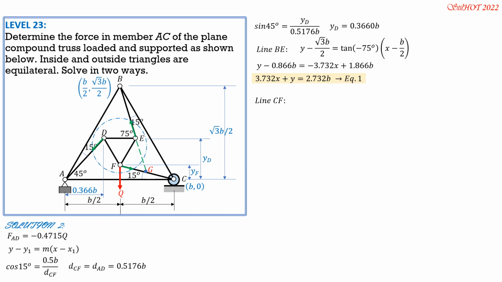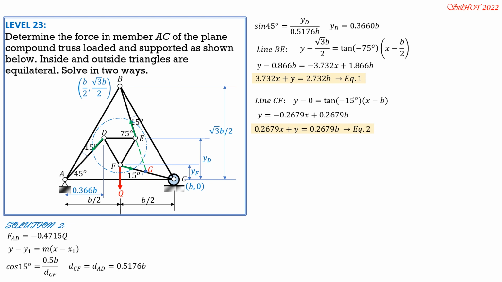So y minus 0 equals tangent of negative 15 or tangent of 165, quantity x minus b. So simplifying, y equals negative 0.2679x plus 0.2679b. Simplify again, 0.2679x plus y equals 0.2679b.